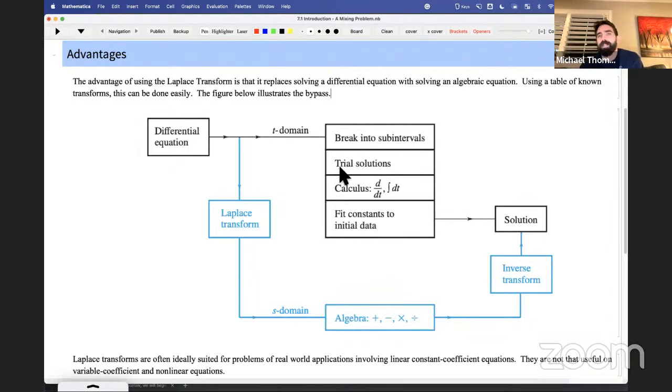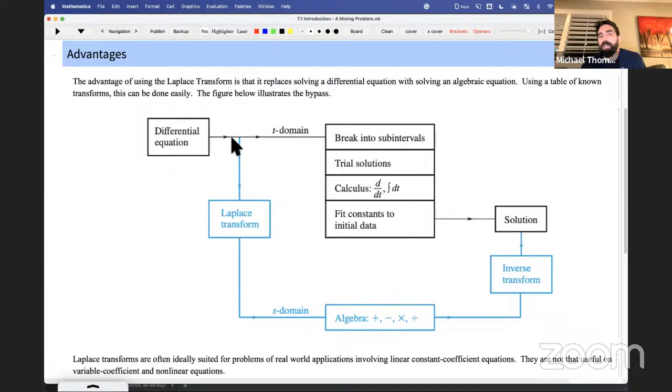So that kind of sucks. You have to find YH and YP. When you're finding YP, you have to take derivatives, so that sucks. If you're going to use variation of parameters, you'd use integrals. And then you have to fit the constants in order to get the functions to match, as we were talking about before. So it's a lot of work, and then you arrive at your solution, and that's fine.